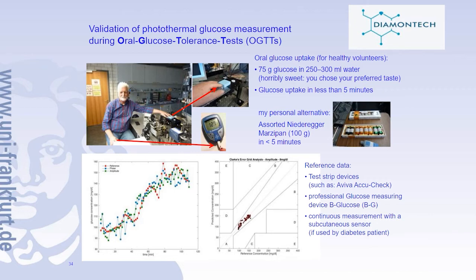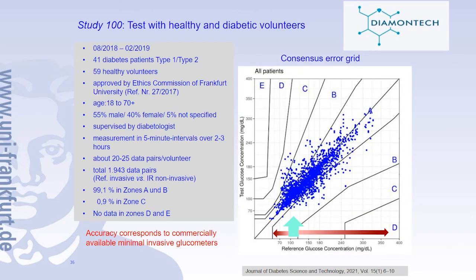Now, we've done that with 100 volunteers, about half of them diabetes patients, the other half healthy ones. We subjected them all to a complete test of their glucose over 2 to 3 hours, ending up in like 2,000 data pairs. And those scatter, ideally, they would be on this central line here, but they scatter because the reference is wrong as well, and we have an error in auto-determination.